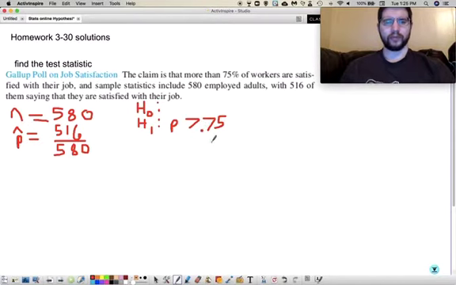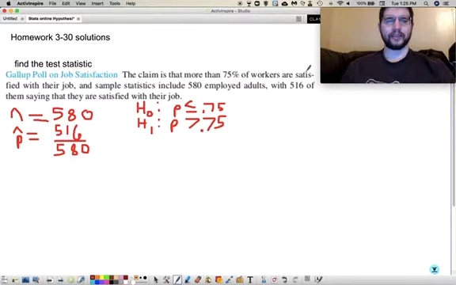And I'm going to put that as a decimal. So that would be my alternative because more than does not include equality. So it's greater than 0.75. That goes in your alternative hypothesis, H1. Less than or equal to would be your null. They're always opposites, complements of one another.